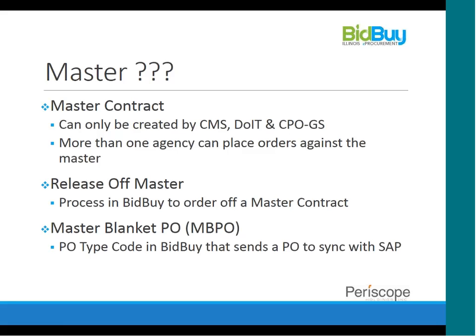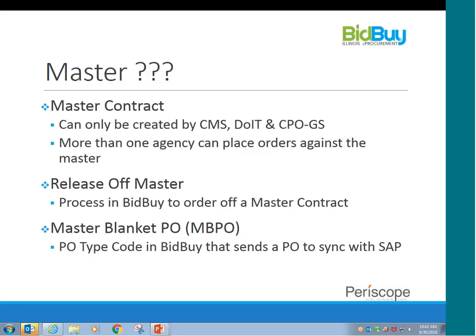Someone asks, can agencies create masters if approved by the CPO under the UPP? That is a joint purchase. The UPP, the Uniform Procurement Program, is specifically about joint purchasing.